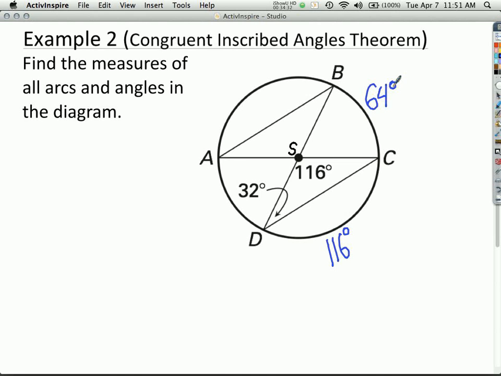S is 116 and the line. You can see that if you did 180 minus 116, it's 64. Very good. Can someone explain why arc BC is 64 a different way? Explain it a different way, Shelby.